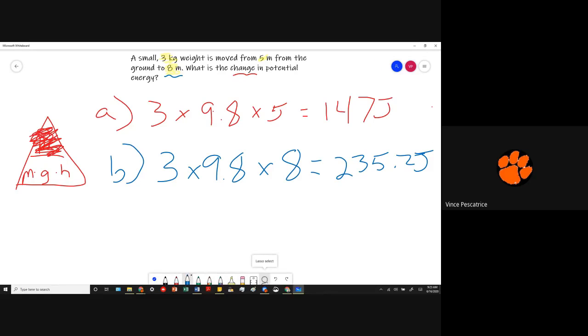So it's asking what is the change in potential energy? Now that you have both of these, you can subtract them to find out what the change in potential energy was. So for the answer, I'm going to put this in green: 235.2 minus 147.